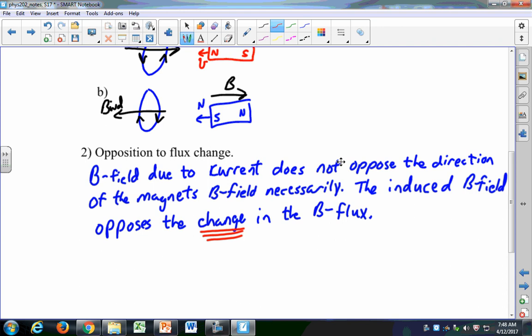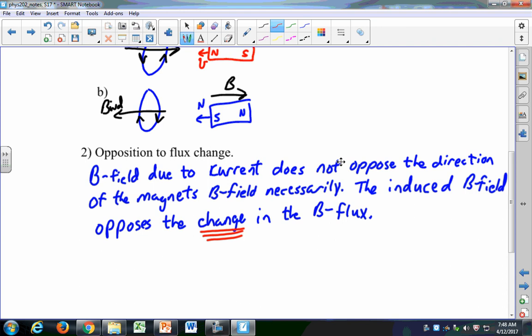So in this case, the magnet is moving to the left, and so this coil sort of wants to keep the status quo. And because the magnetic field is increasing as I move this magnet towards the coil, it's going to generate a magnetic field that's opposite the direction of the increasing magnetic field.